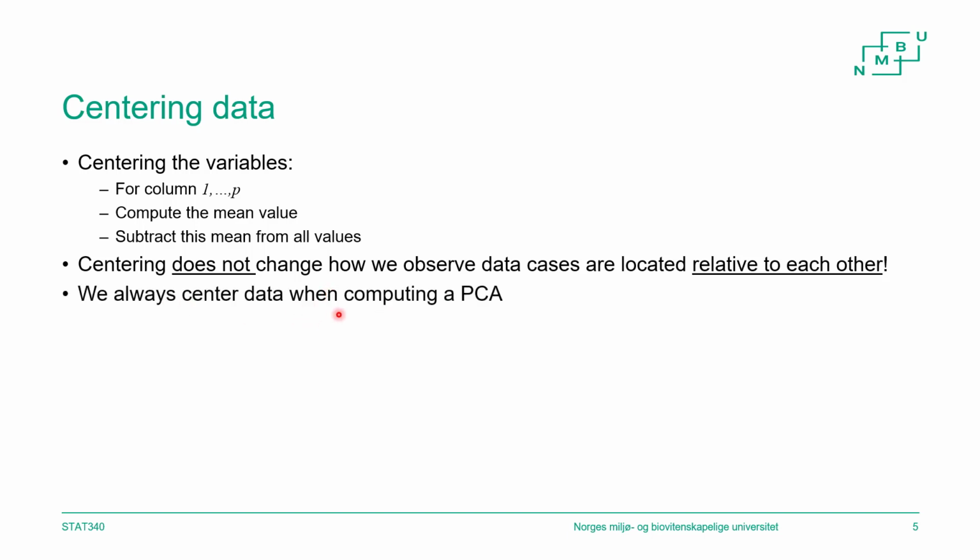So we always center the data when computing a PCA. We will see shortly that we don't explicitly do the centering ourselves, because the function in R that does the PCA will also do the centering for us. But this is important to realize, that the data will be centered, right?